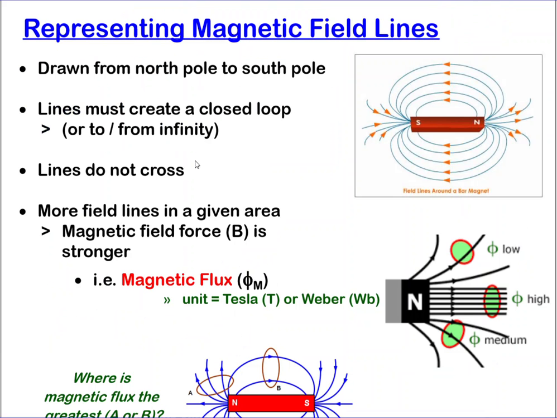Okay, so what are the rules for magnetic fields? Well, magnetic fields always go from the North Pole to the South Pole. So you can see that all the arrows leave the North Pole and travel to the South Pole. And because we always have dipoles, a North and South Pole together, those arrows will always go out of the north and then travel in a continuous loop until we get to the South Pole. So we have to create closed loops here, or they have to go off to infinity.